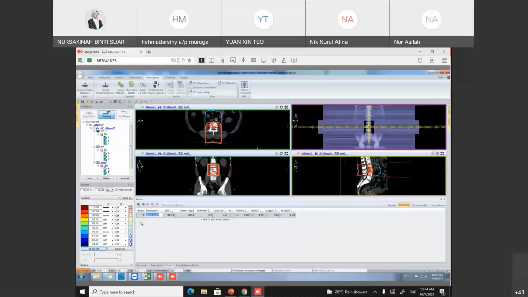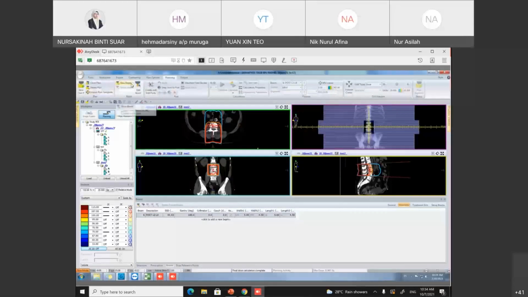Normally, if you want to be quick, we won't click new beam. We will oppose this beam straight away, so it will actually copy all the field size from the posterior beam. So I will duplicate and oppose, so you can now see the gantry angle change to 0.